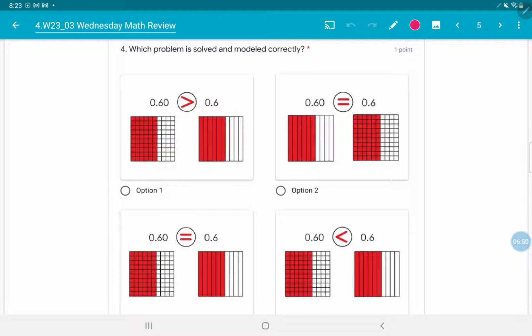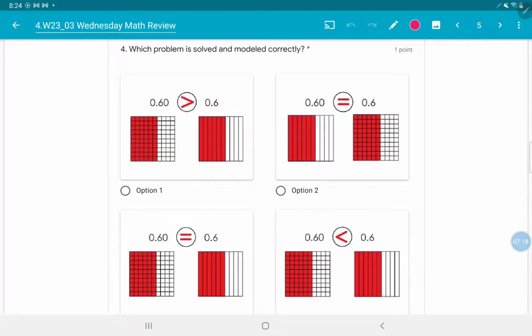I should have 6 of the 10 shaded. There's 1, 2, 3, 4, 5, 6. So is it shaded correctly? Yes. Is 60 hundredths greater than 6 tenths? No. Equal to. Why are they equal, Jaden?